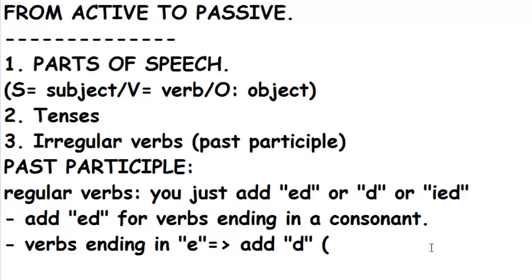We say, for instance, like. This is a verb ending in e. So for the simple past or past participle, we simply add d because it is already ending in e.